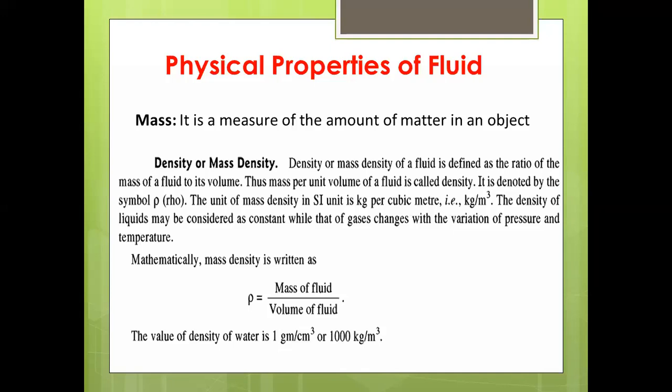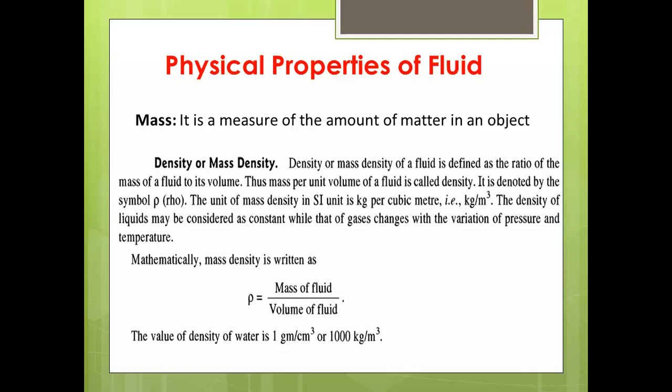What is mass? First of all, we should know what is mass, and then we will learn what is mass density. So mass is nothing but the amount of matter which is present inside any object. For example, air is an entity or object which we don't see, but it is an object, and it has a certain mass.